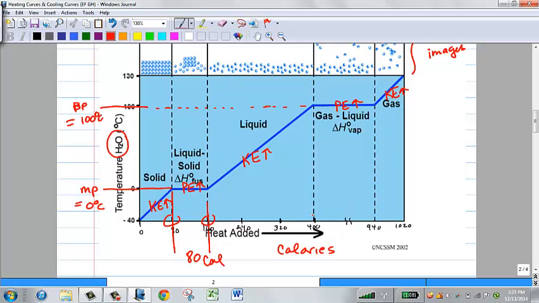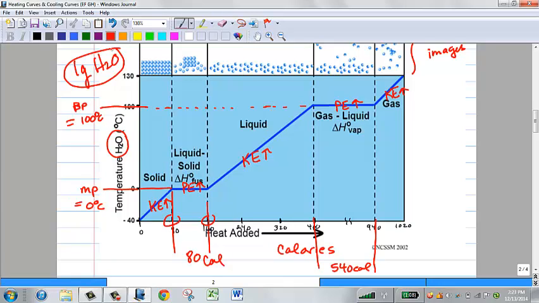It's not big enough to show 540, so there must be a break in the scale there. It takes 540 calories to boil 1 gram of water, and it takes 80 calories to melt 1 gram of water. So this graph is for 1 gram of water.